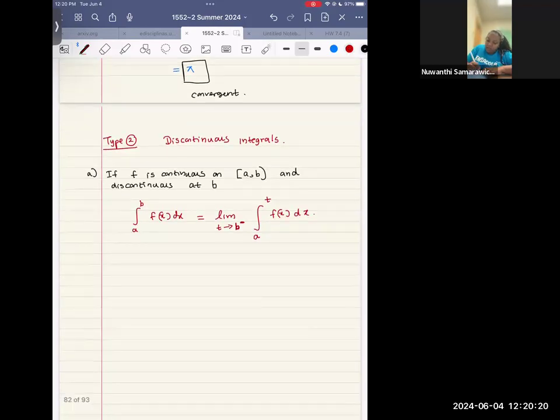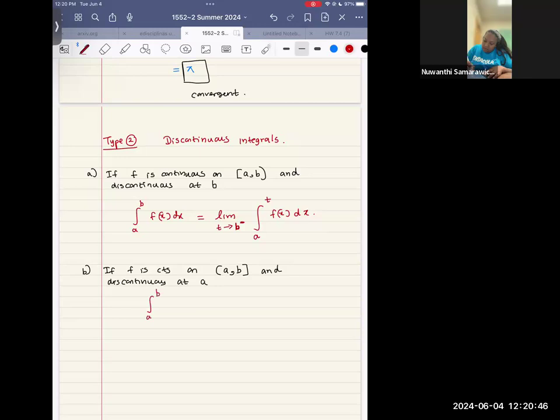Then the second one: again f is continuous, now on the interval open at a and closed at b, so a is not included, and it is discontinuous at a.